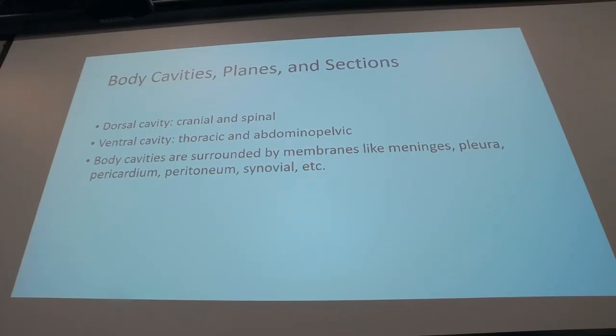So what organs do we have in the thoracic body cavity that need to be protected with bones? Heart and lungs. And now, at least this applies for females, but not for males.